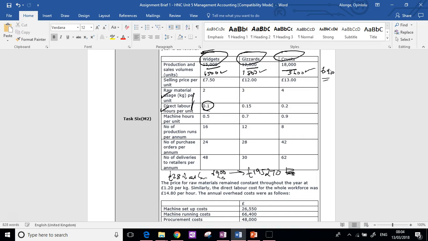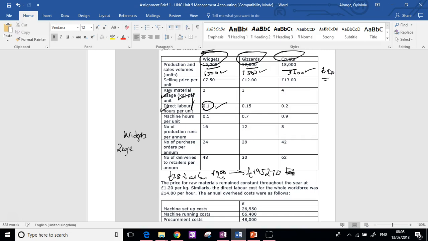So the issue now is how do I get the cost? Now I have my material and my labor. For my widgets, I use 2 kilograms per unit, and the cost of a kilogram is £1.20.